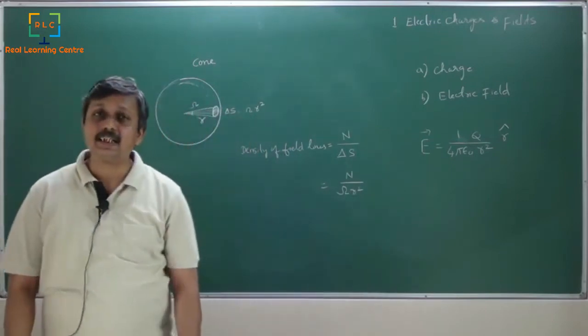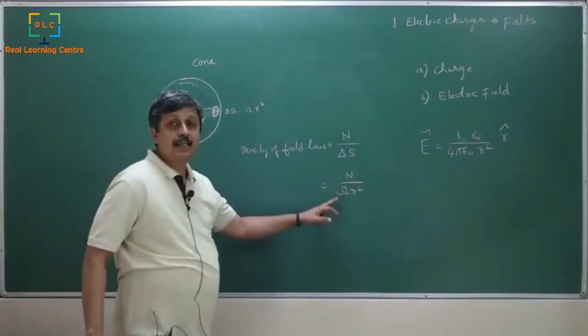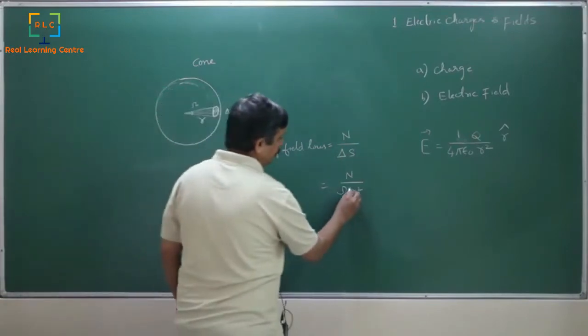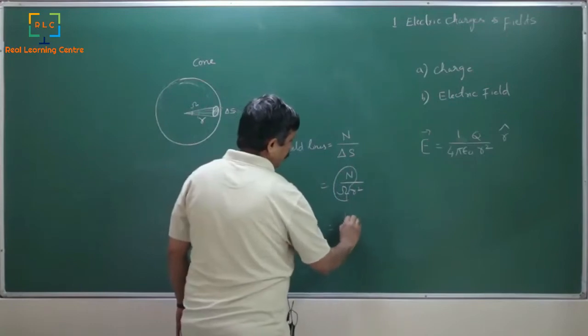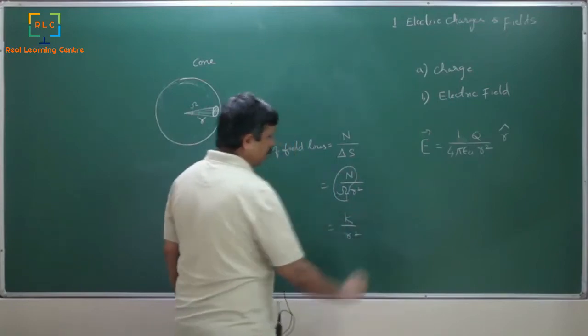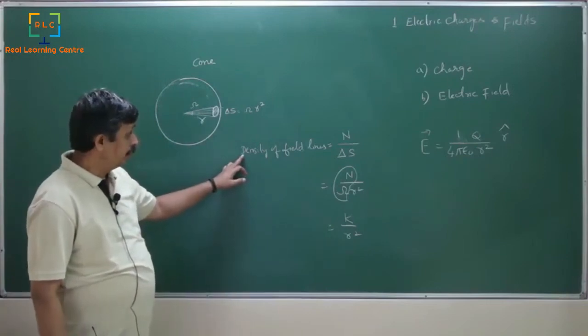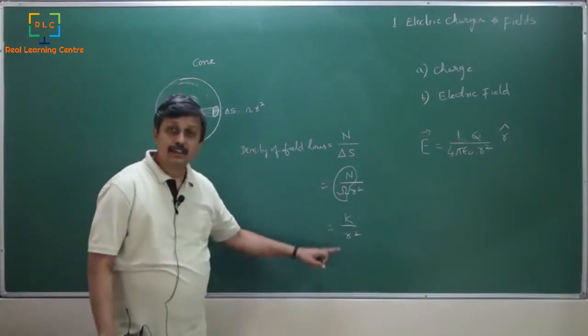I said that the number of field lines per given omega is constant. So this whole thing is a constant, so constant by r square. The density of field lines is nothing but constant by r square.